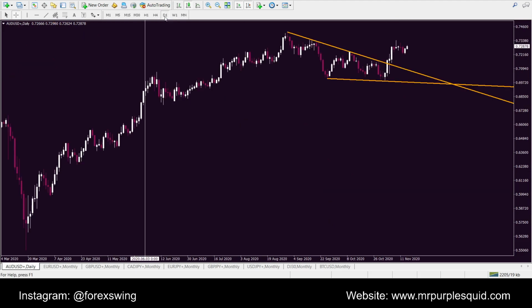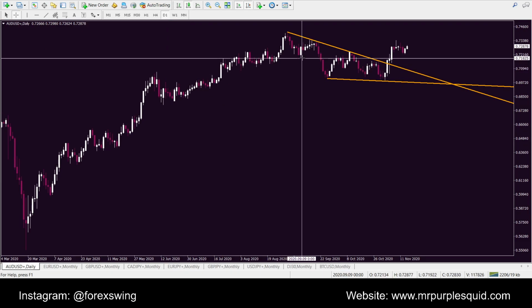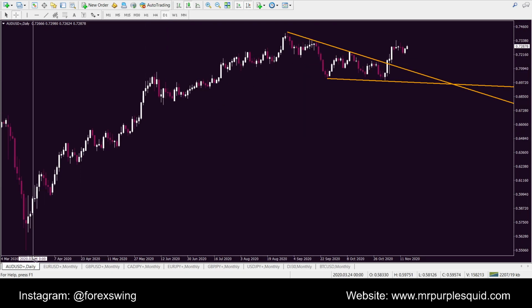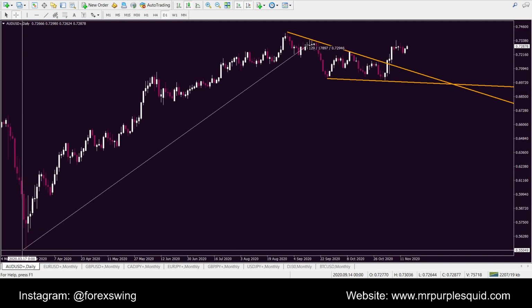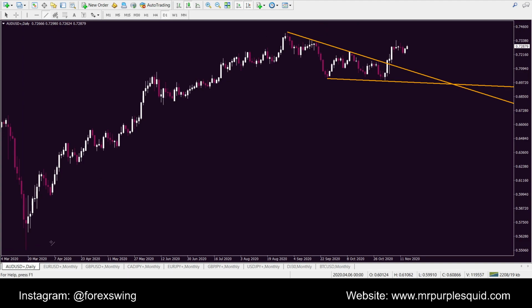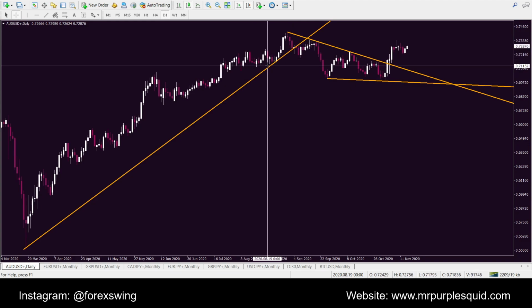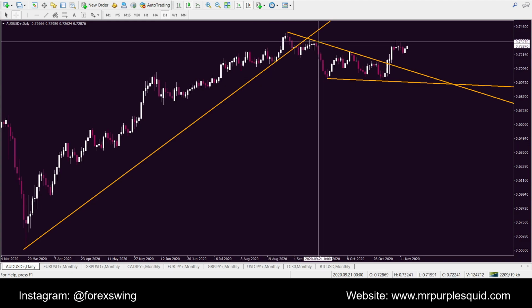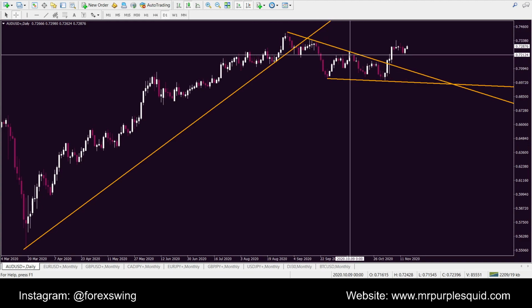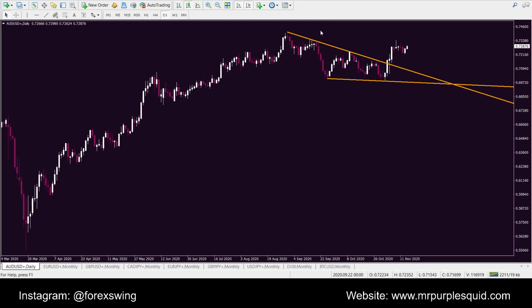On the daily, we can see bullish right here, and so here price broke the bullish trend, started going down, basically going sideways now. So this trend line is no longer necessary for now.